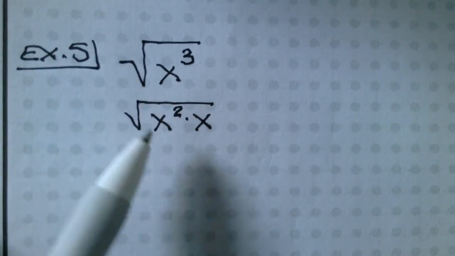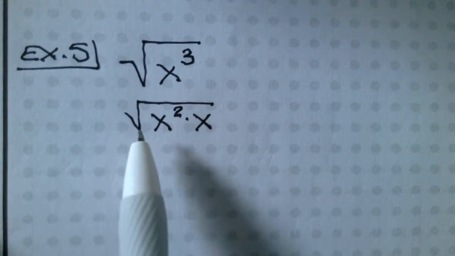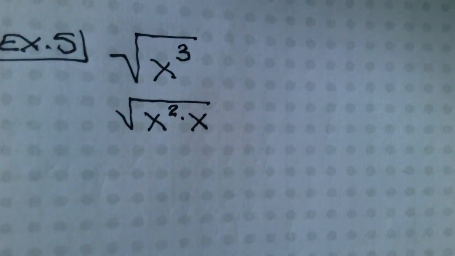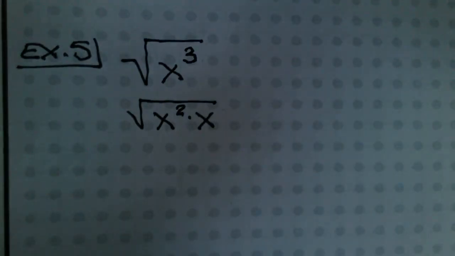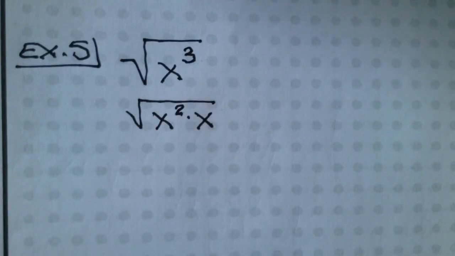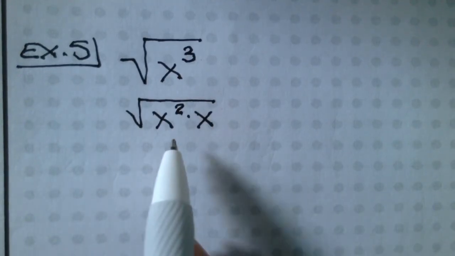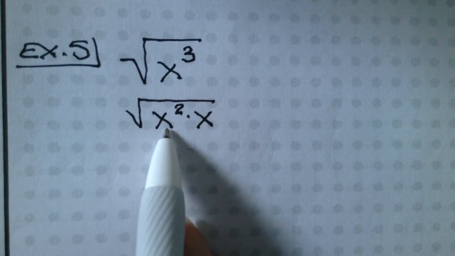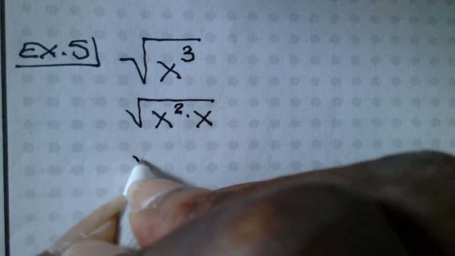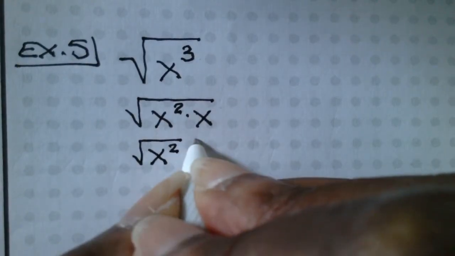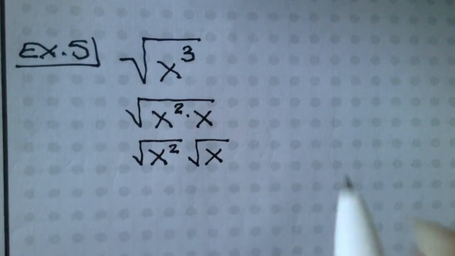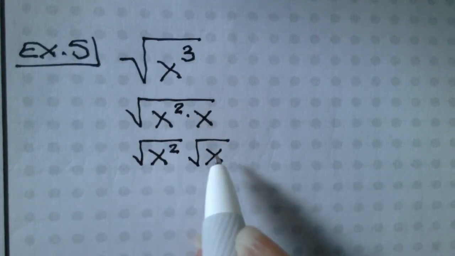So now we have the square root of x squared and the square root of x, each in its own square root.